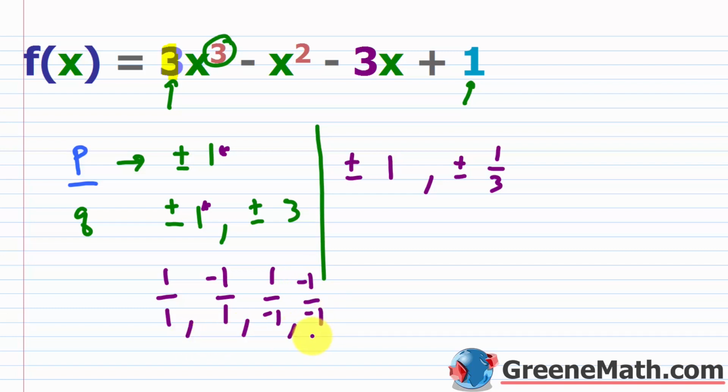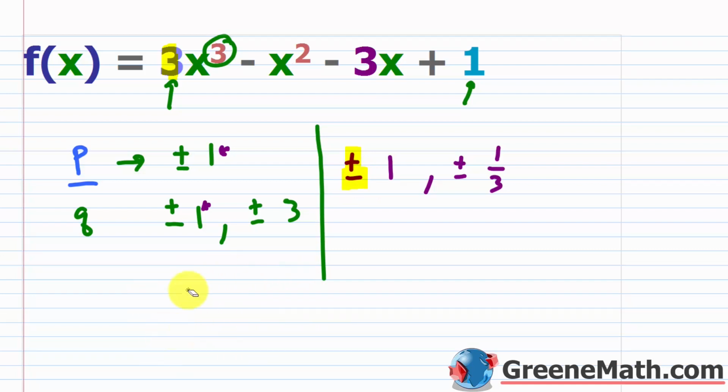If it's a positive over a positive or a negative over a negative, that's a positive, which gives me the positive 1. If it's a negative over a positive or a positive over a negative, that gives me the negative. So you can just shortcut this. You don't have to go through everything. You can just put plus or minus, then take your number part over the number part here, and you're basically good to go. So don't even worry about the signs.